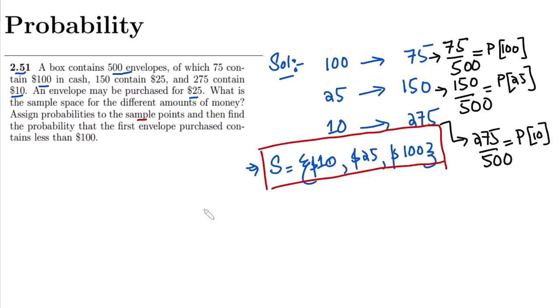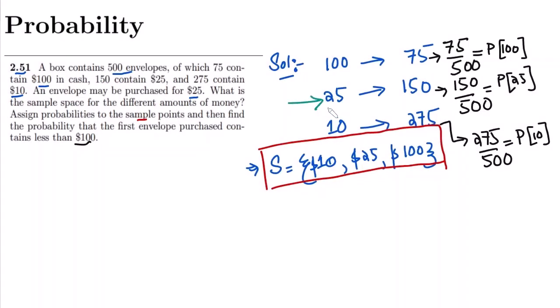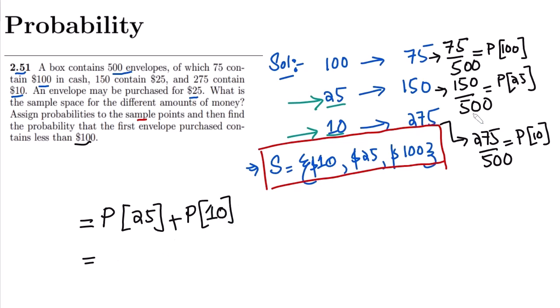So these are the different probabilities associated with them, and then we find the probability that the first envelope purchased contains less than $100. The envelope will contain less than $100 only if we have purchased an envelope that contains either $25 or $10. So we can either have the probability that the envelope is of $25, or that it contains $10.